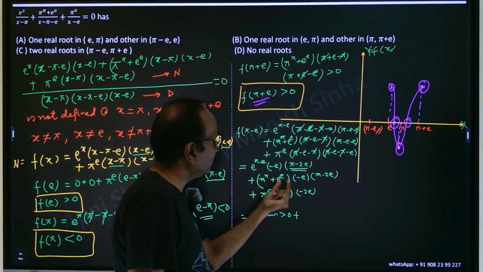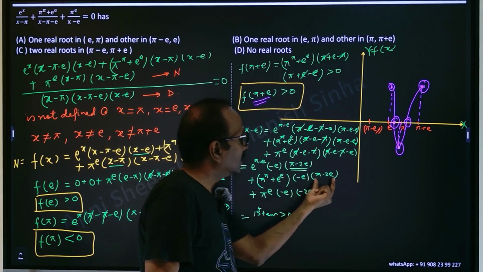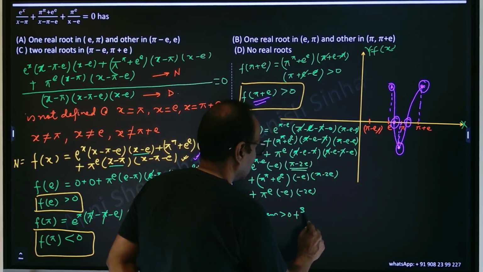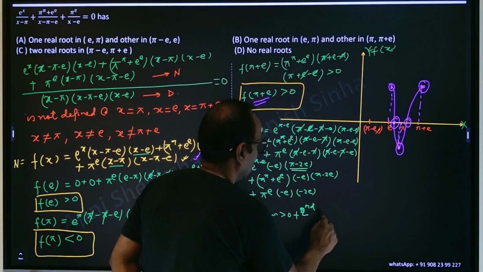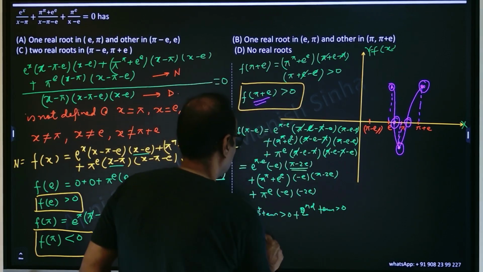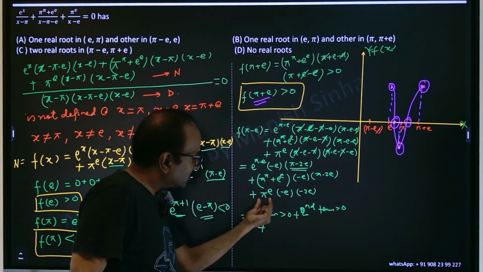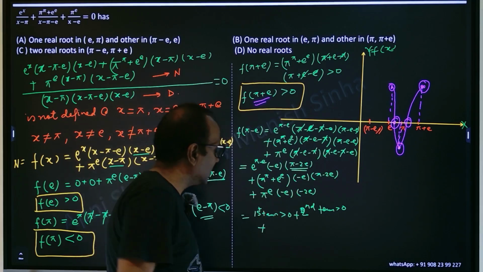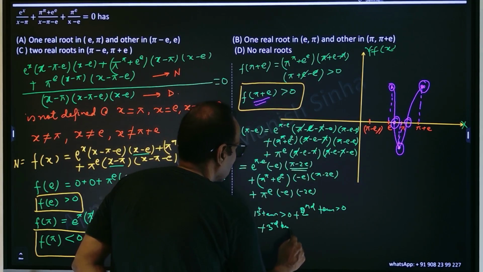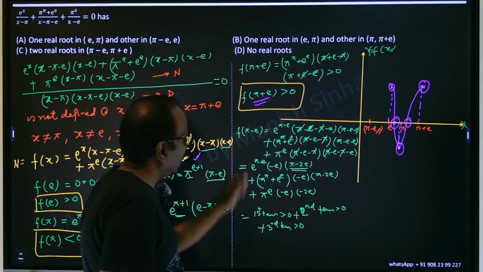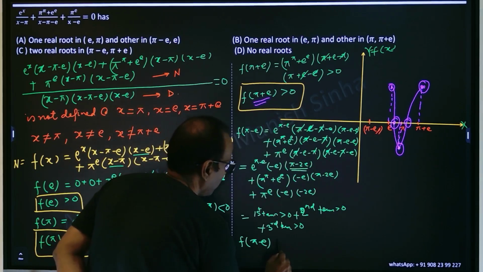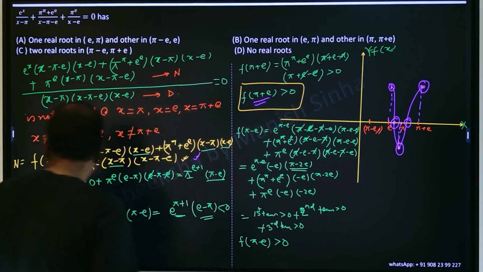This is positive, this is negative, this also is negative. So negative, negative, positive. So second term also is positive. Third term, this one is positive, these two negative, negative, positive. So third term also positive. So f(pi minus e) is positive.